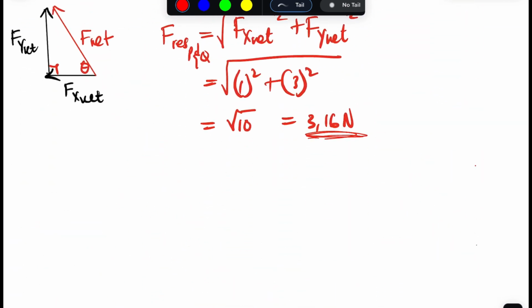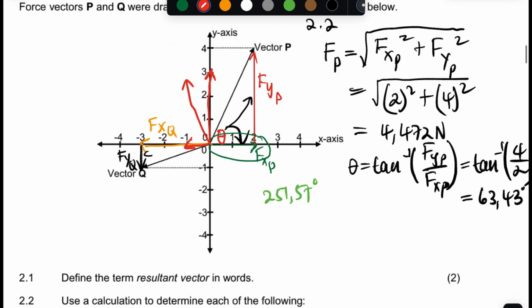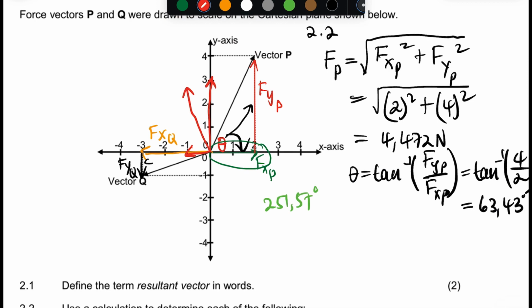Right, so what we're going to do in 2.4, as I just explained, we calculate this angle.